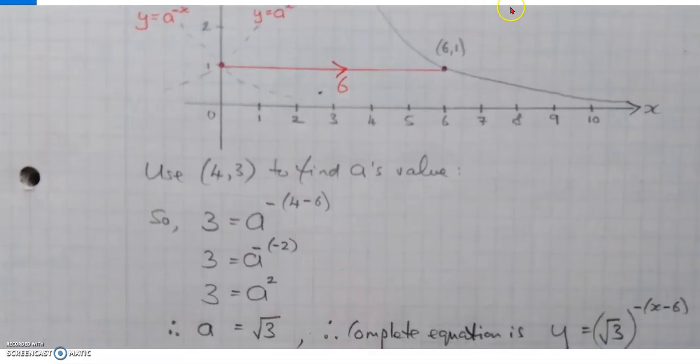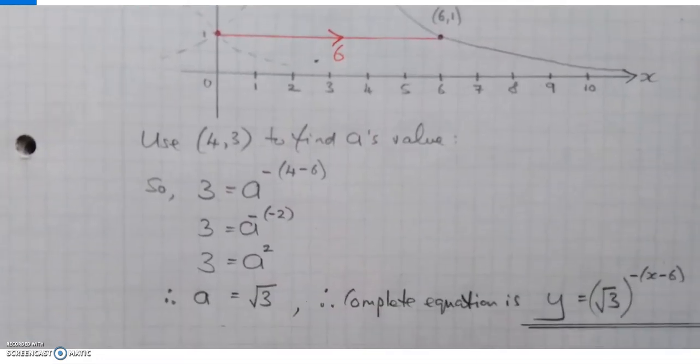So there is the formula. Okay, instead of y, we're putting in 3, and instead of x, we're putting in that x coordinate 4. And if we do that, we get that 4 minus 6 is minus 2, and it's being multiplied by a minus there.